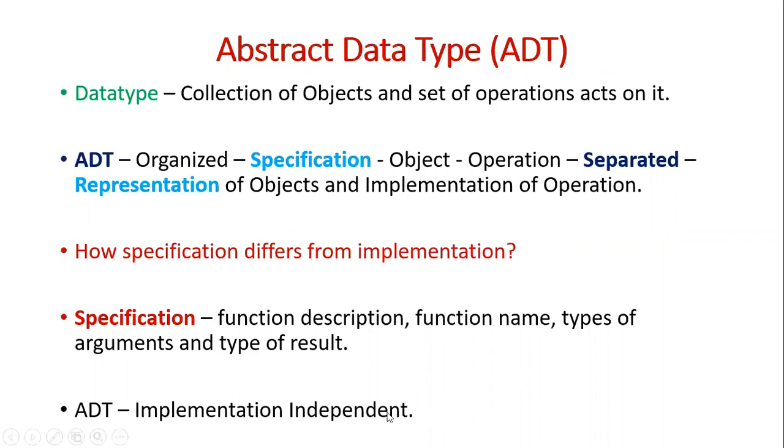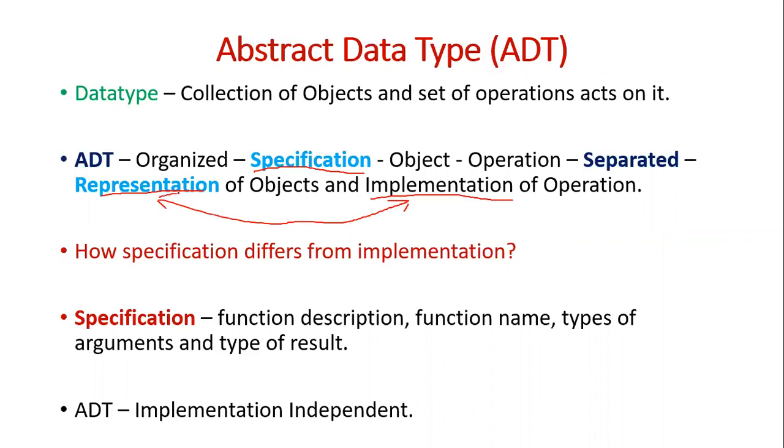Okay. So what does it mean? There are two words which are important. One is specification and the other one is representation or implementation. Representation and implementation are both the same. Okay, fine. So these words are important.